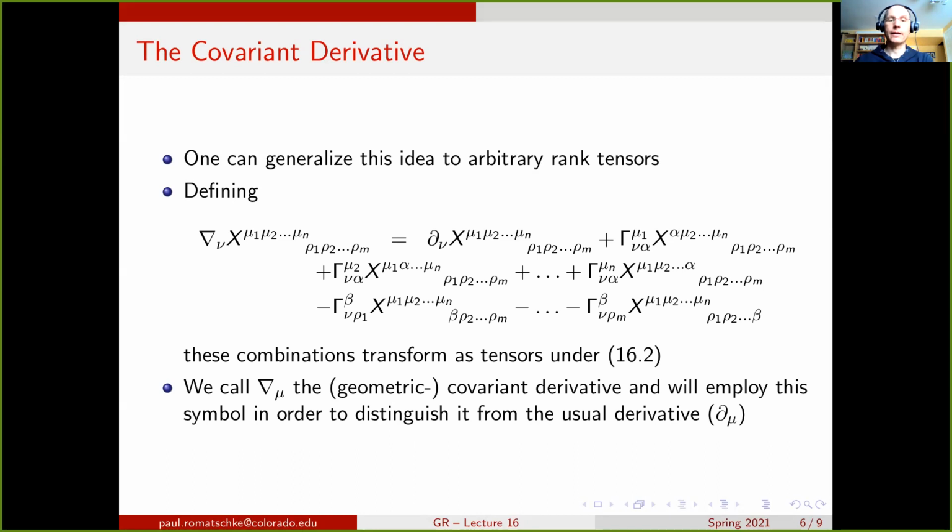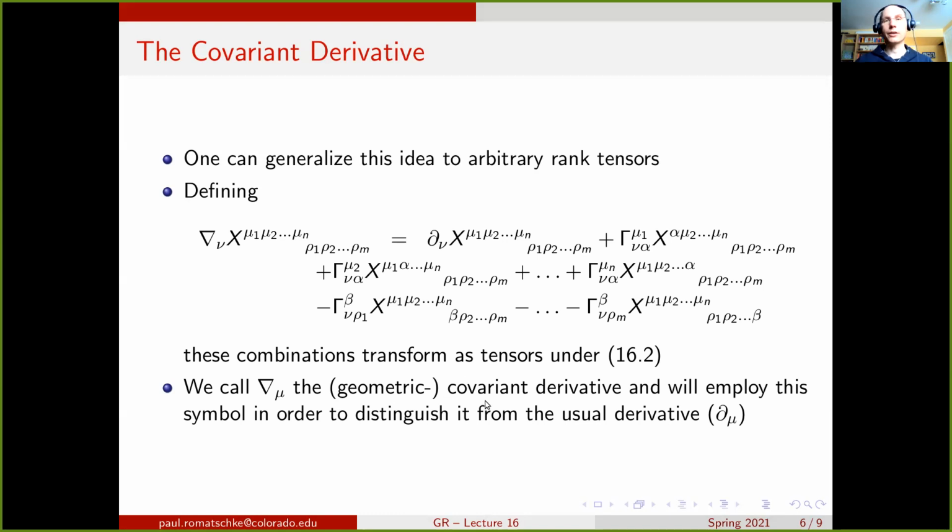Here in gravity, just to make sure that this is the proper thing that we want to make covariant, the point is that we are interested in geometric properties. So gravity has something to do with geometry. That's why, to be very specific, this is called the geometric covariant derivative.